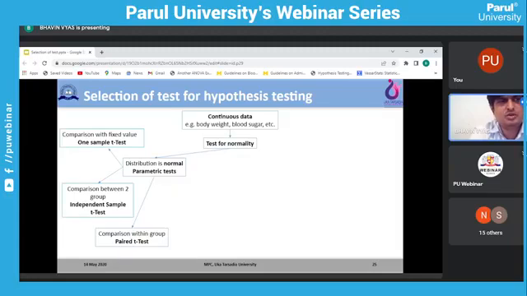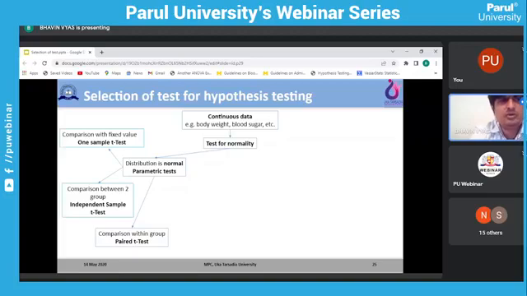Here I have independent variables at 0, or only a dependent variable. If you are comparing with a fixed value, you should select one sample t test.